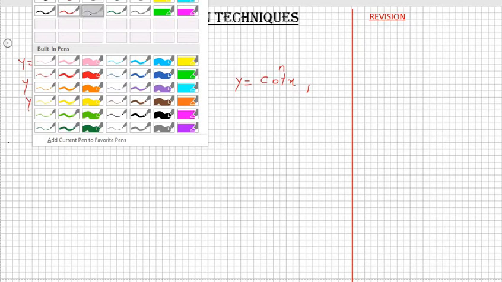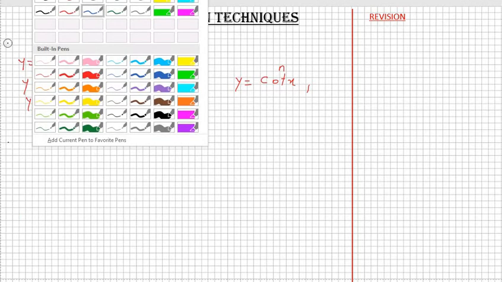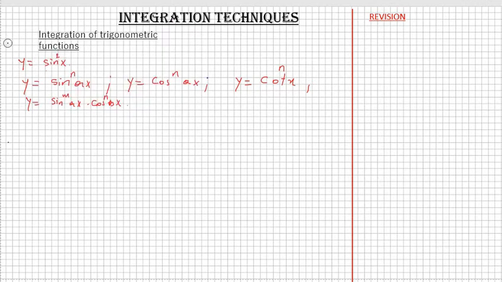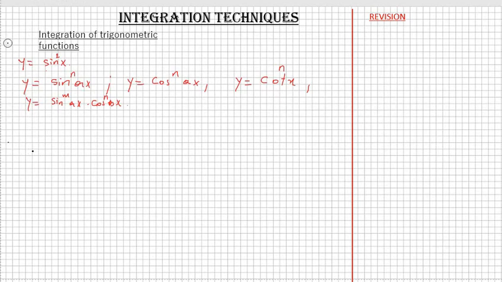Okay, let's say for instance we have to integrate one of these functions. So the first thing to do before you understand this chapter is to be familiar with some of the trigonometric identities.